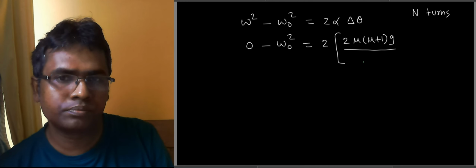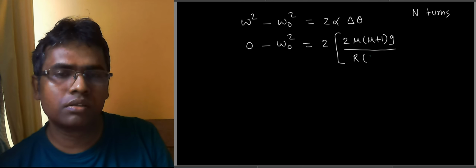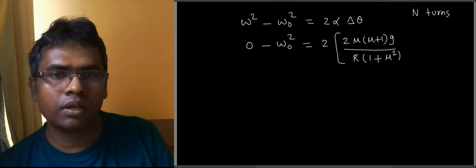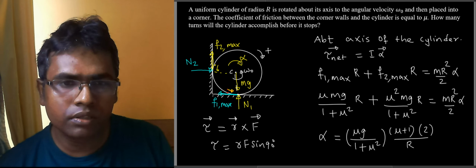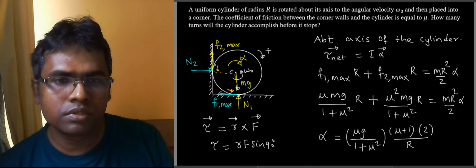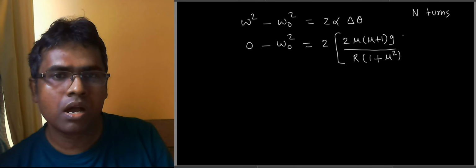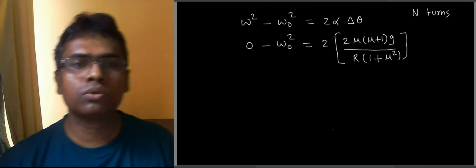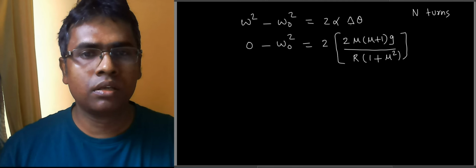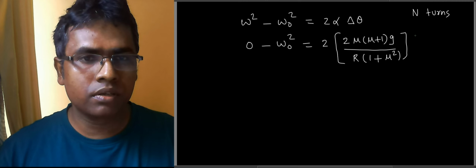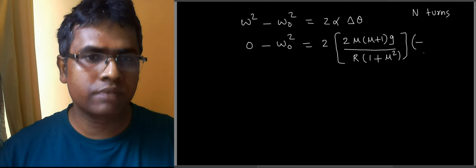I hope I have taken everything. Yes, 2 into mu into g is there, mu plus 1. So alpha is done. And again, the angular displacement is negative here, so I'll use it with the negative sign.